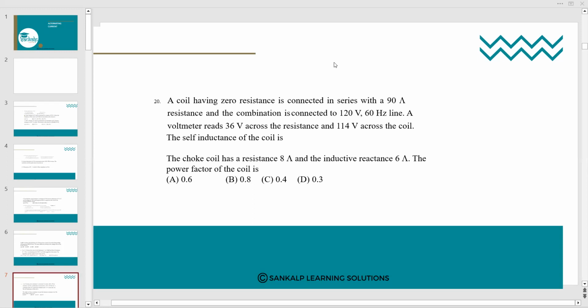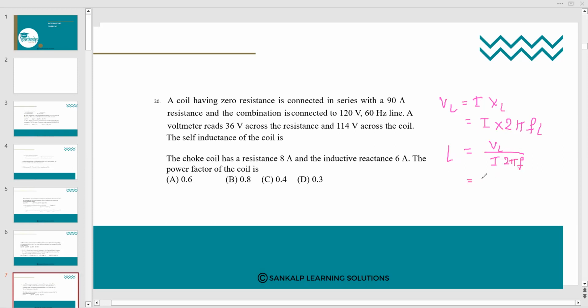So here VL is equal to I into XL, which is equal to I into 2 pi F into L. Therefore, we require the self-inductance L value. Therefore, L is equal to VL divided by I into 2 pi F. Correct?